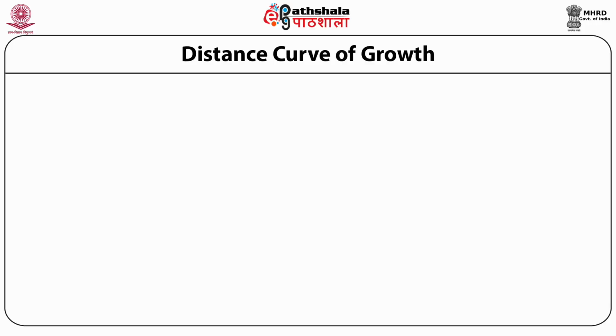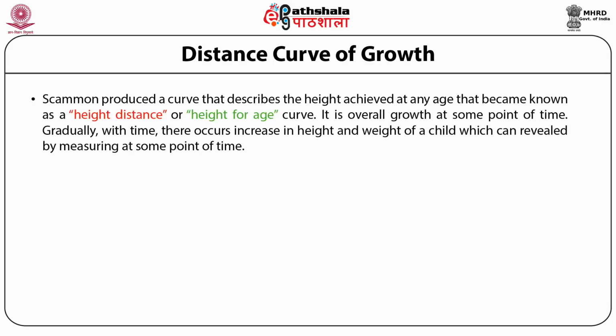Distance curve of growth. Scammon produced a curve that describes the height achieved at any age that became known as the height distance or height for age curve. Gradually, with time, there occurs an increase in height and weight of a child, which can be revealed by measuring at some point of time.